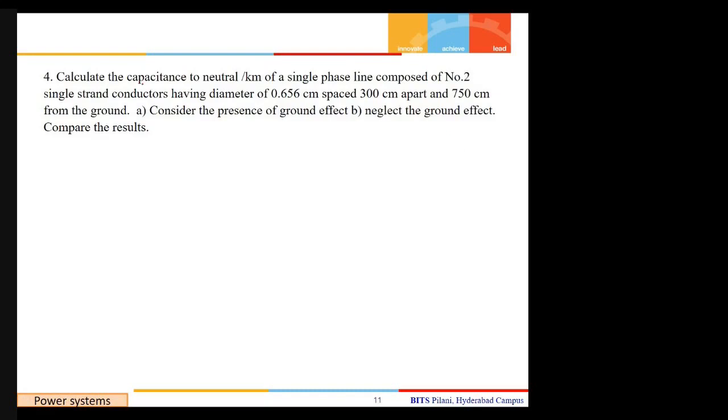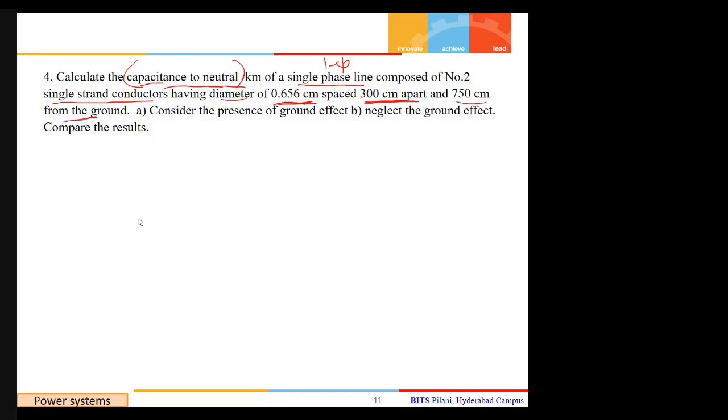Fourth problem: calculate the capacitance to neutral per kilometer of the single phase line. This line is single phase, with two single strand conductors having diameter 0.656 centimeter, spaced 300 centimeter apart, 750 centimeter from the ground.